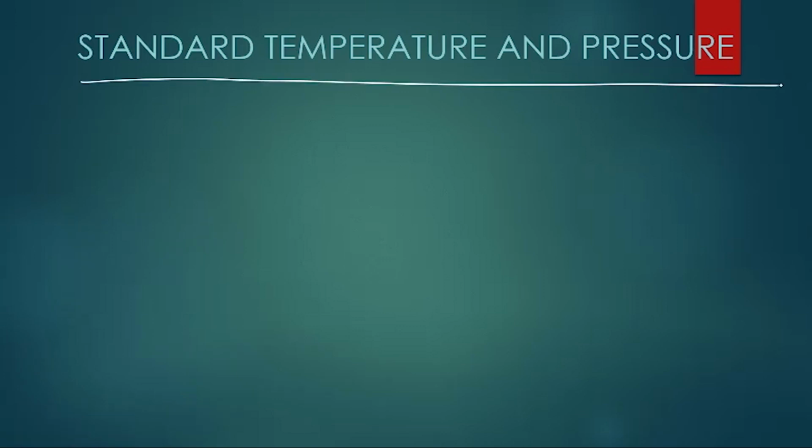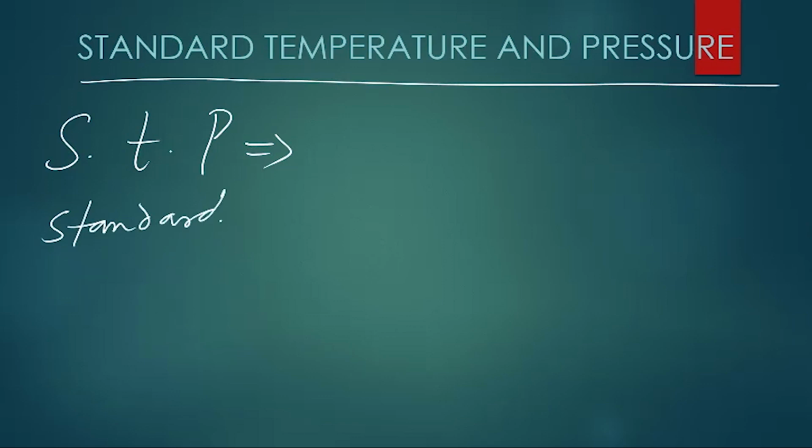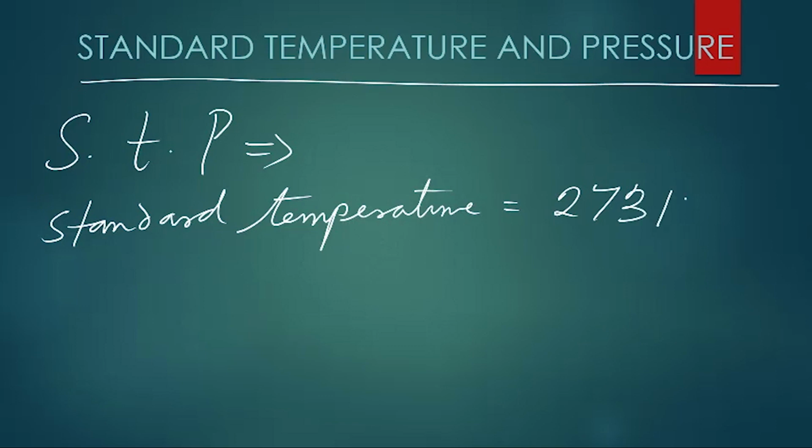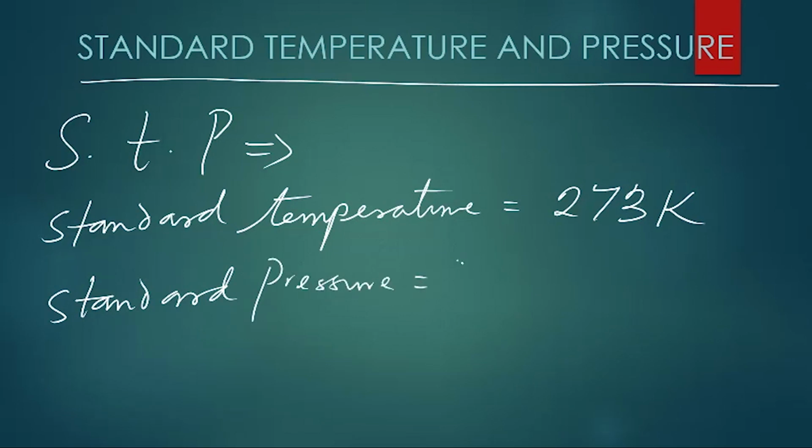Now we'll go to the standard temperature and pressure. Now there is something called the STP. And that STP is standard temperature and pressure. So the standard temperature for all gases is 273 Kelvin, and the standard pressure will give you 760 millimeter mercury, because mercury is used in the barometer that is used for measuring the pressure, right?